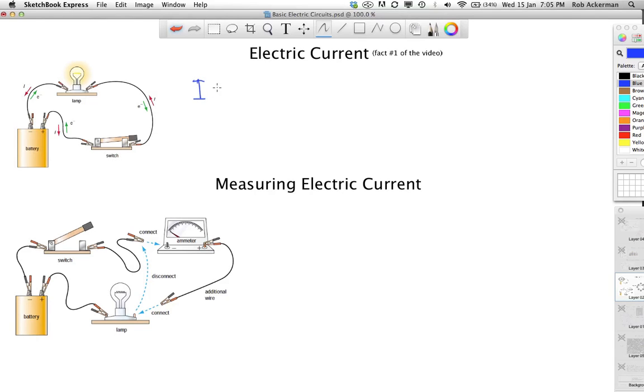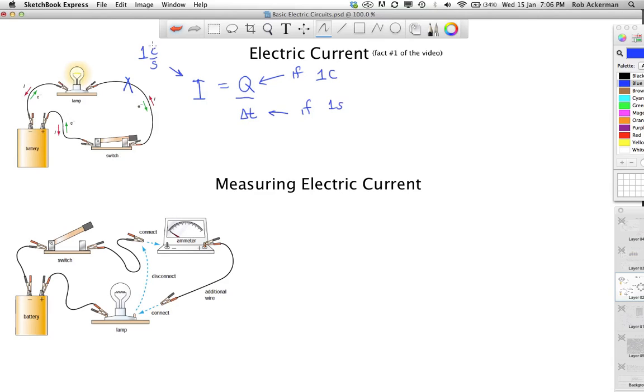However, the current is defined as the total amount of charge, so I'm going to use capital Q for that, divided by the amount of time that it flows for. If 1 coulomb of charge flows through a circuit, and if the time that it takes it to flow past any given point in the circuit, let's say right here, is 1 second, then we have, on this side of the formula, obviously 1 coulomb per second.